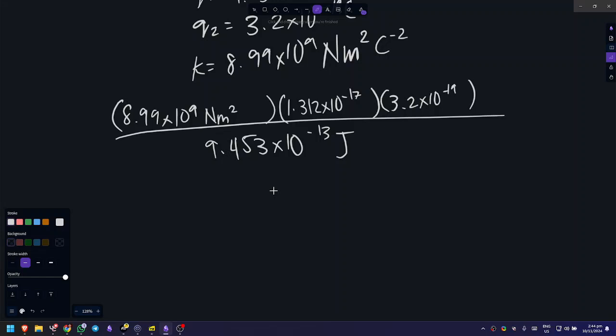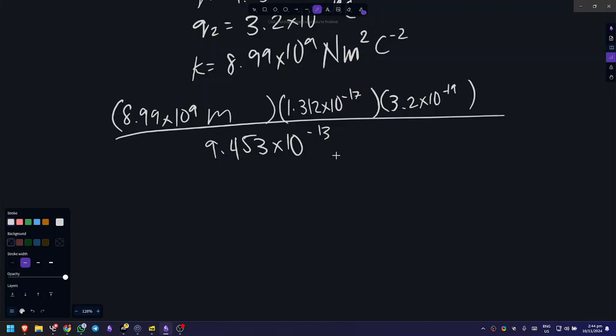One joule is also equal to 1 newton meter, so this cancels, and this cancels the square. Now we're just left with a meter. We're going to be left with meter at the end.